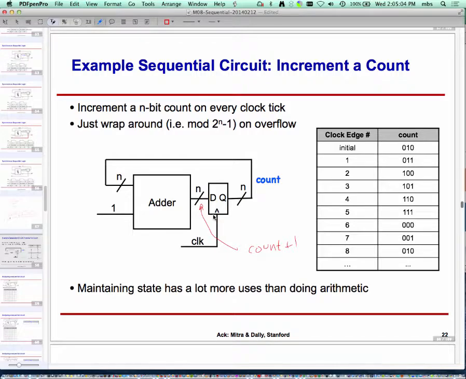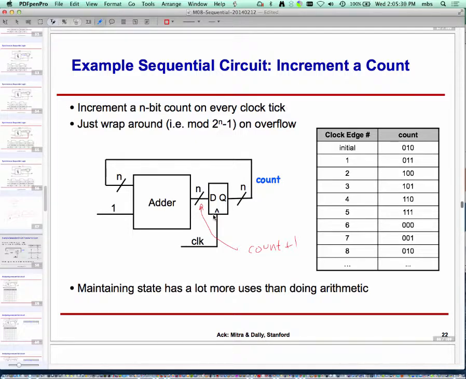It's counting, right? Every clock tick it's counting. So after 10 clock edges, what would be the content of the flip-flop, if we started with 0? Well, it will be 10, the binary representation of 10. So after some k clock cycles, the content of the flip-flop would be k.